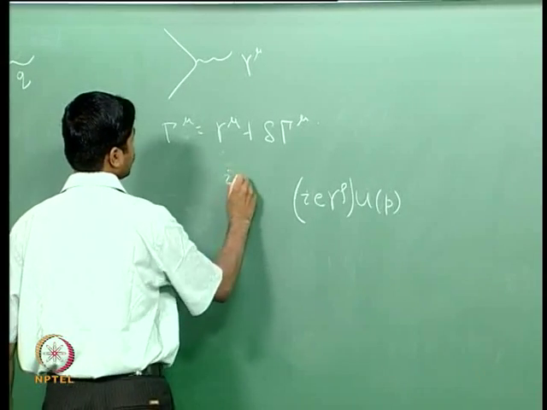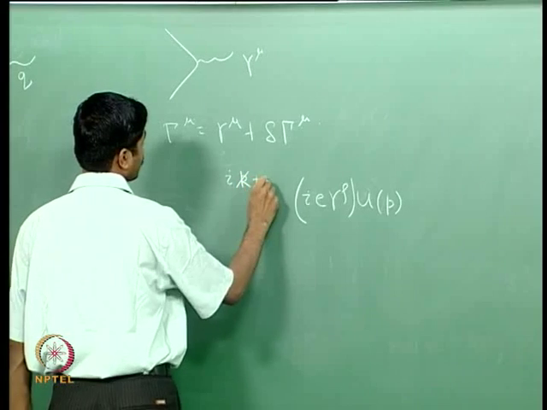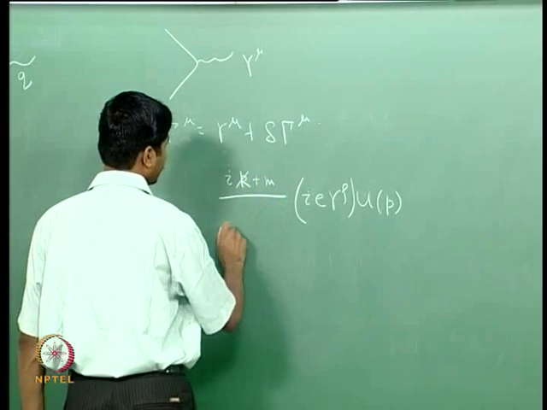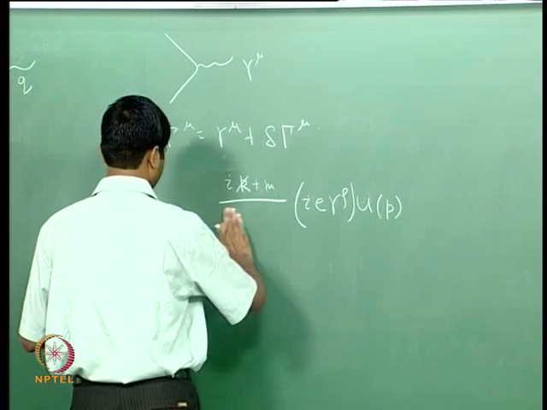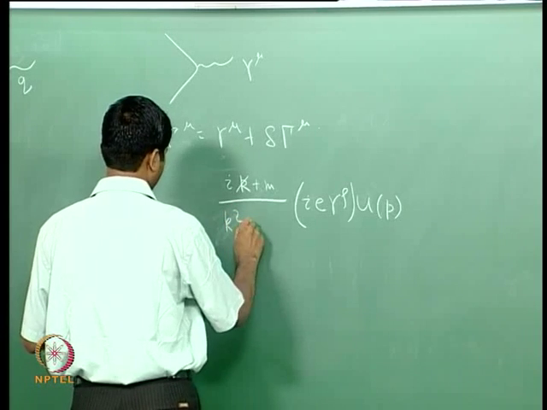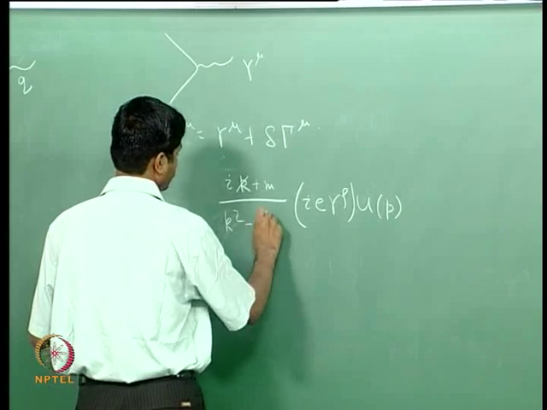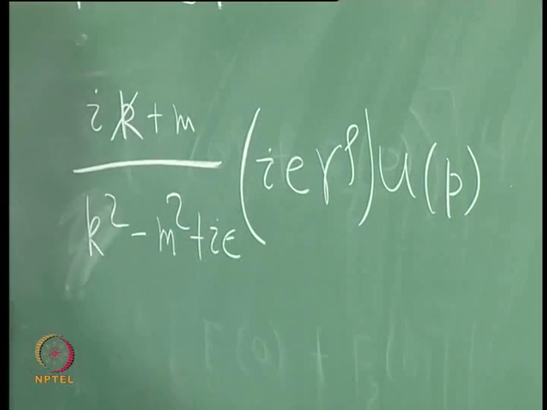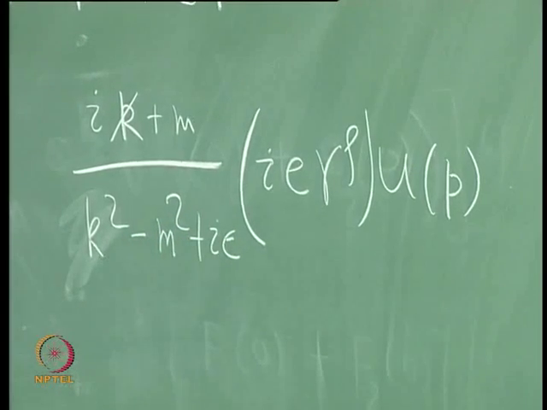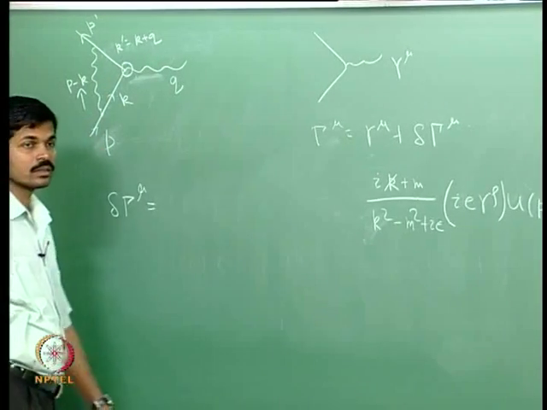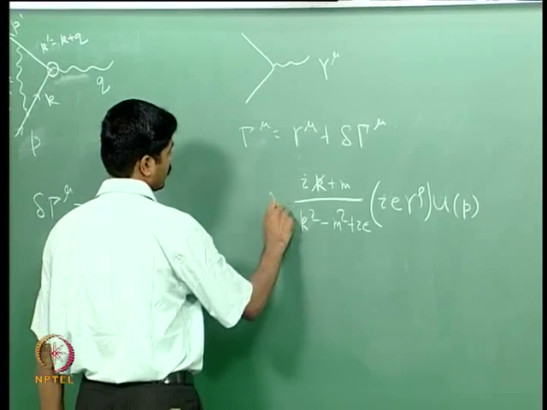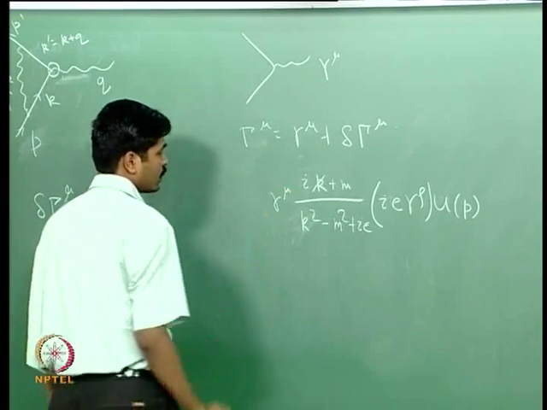It is i times k slash plus m divided by k square minus m square plus i epsilon. This is for this vertex here. I will write gamma mu for this.